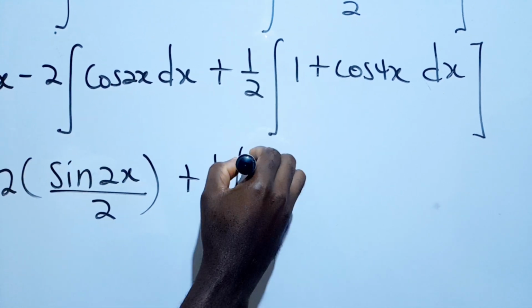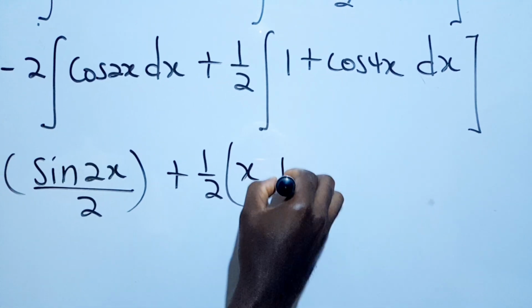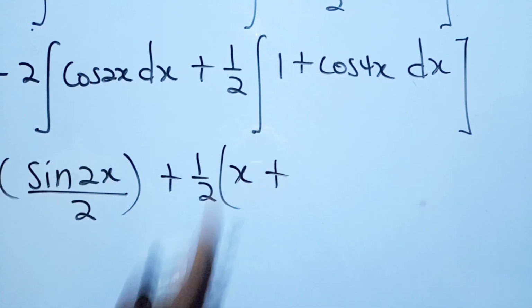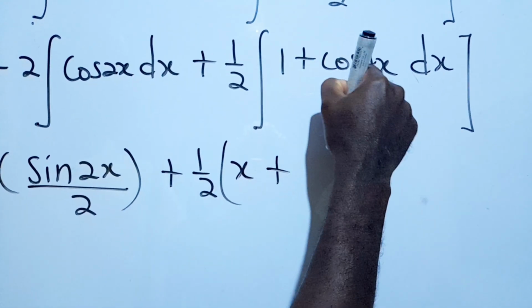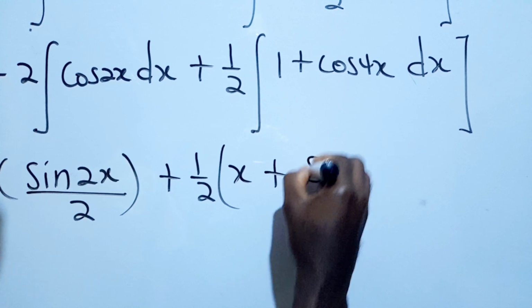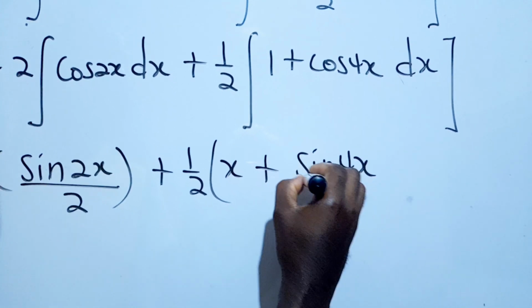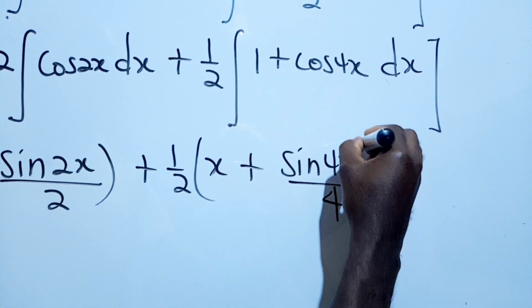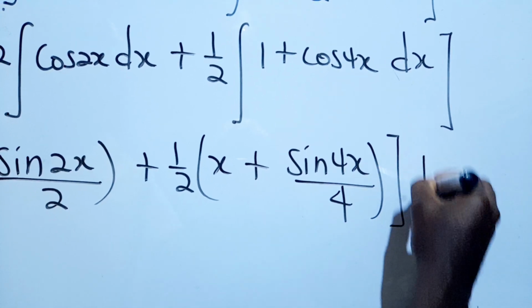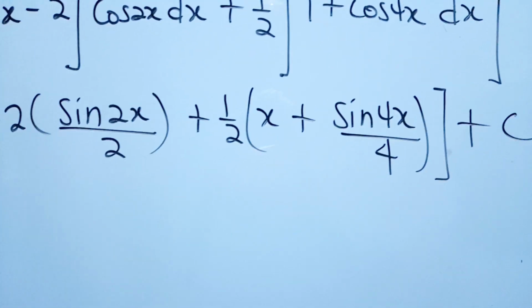The integral of 1 will be x. Then plus the integral of cos 4x, the same thing. We integrate cos, we get sine. So sine, repeat the angle, differentiate 4x, we get 4 and use it to divide. Then plus our constant of integration.